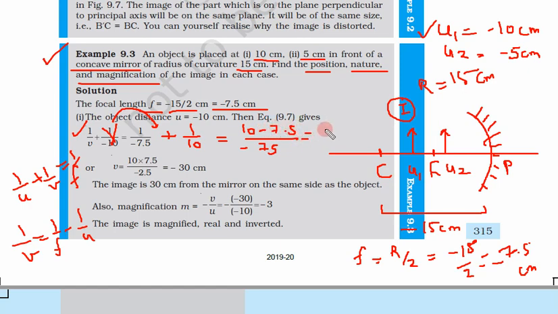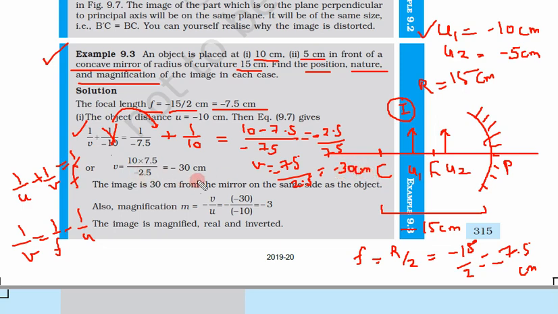So we got 2.5 upon 75, and this is with minus sign. Now this is 1 by V. So V is nothing but, of course, minus 75 upon 2.5. So what we get? Minus 30 centimeter.